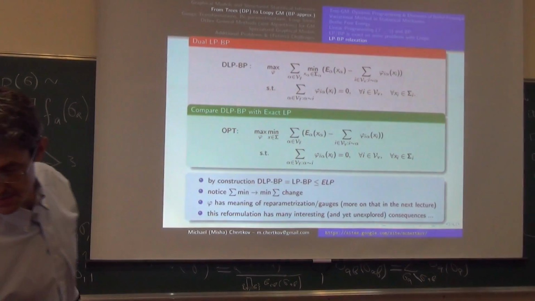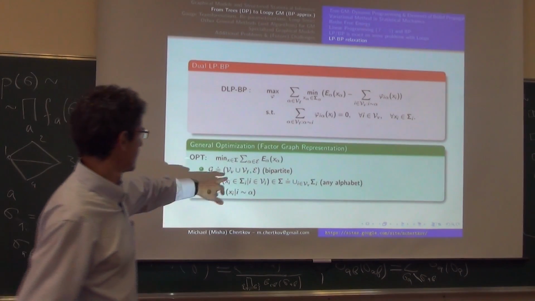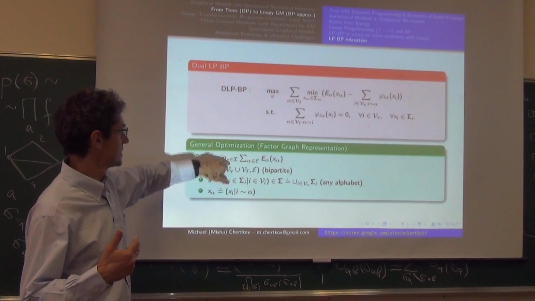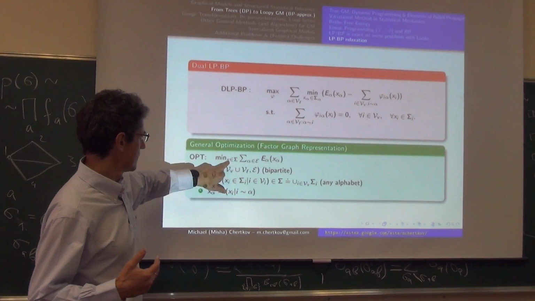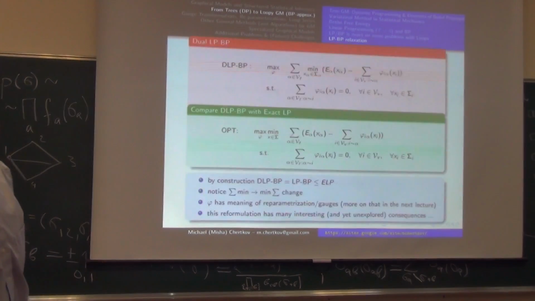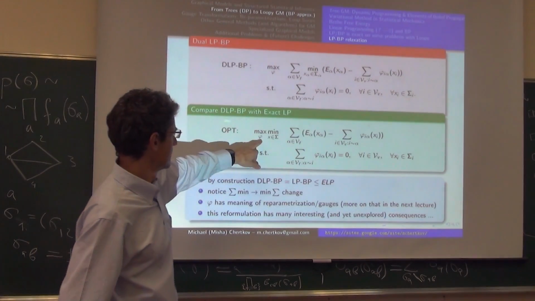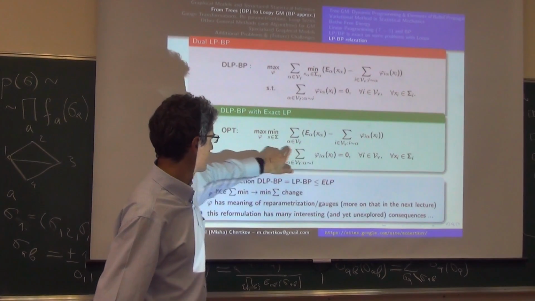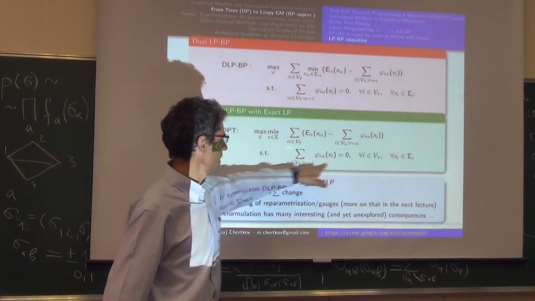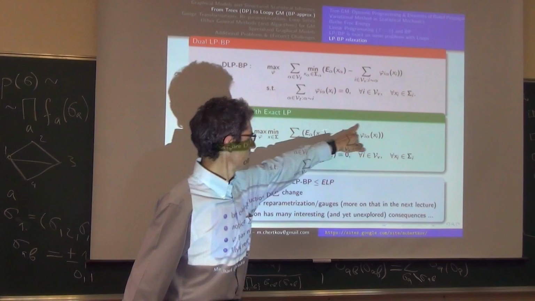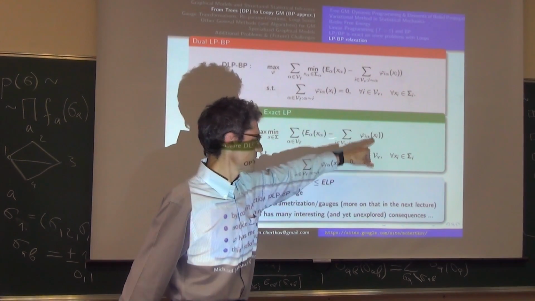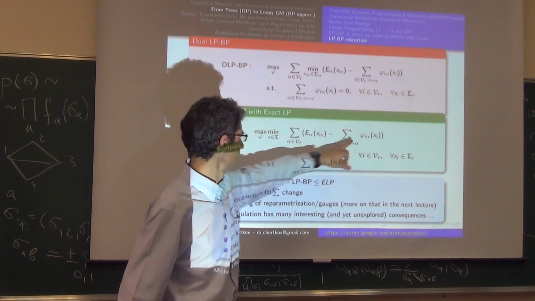In the original optimization, I have a minimum over x, right? So those are my original variables. So I have a minimum over x, and now I introduce a fictitious variable, phi. And you can check that because of this constraint, the constraint tells me that this sum is equal to 0, and I just added 0, right? So I didn't do much.